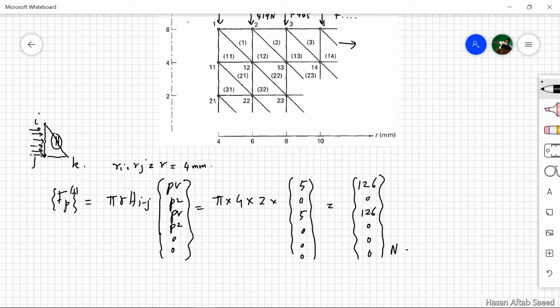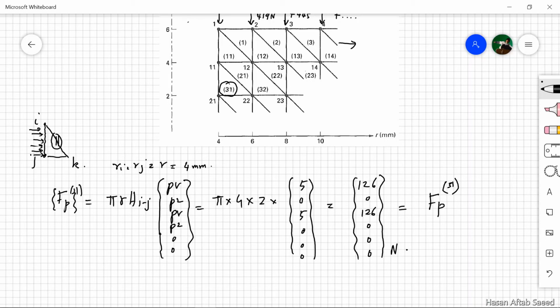Now if you consider this diagram, element 31 is the same because all the dimensions are the same. This is element 11 and element 31 is the same.